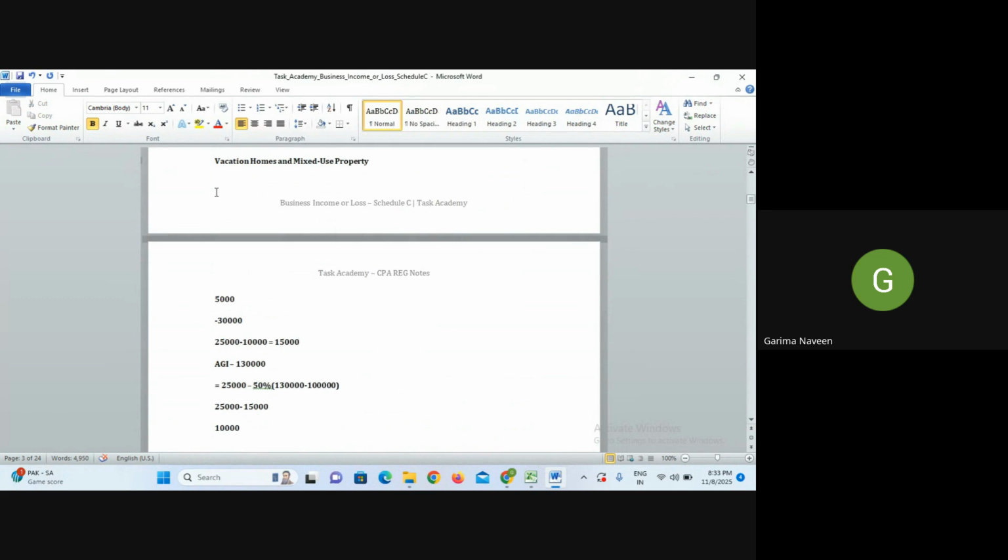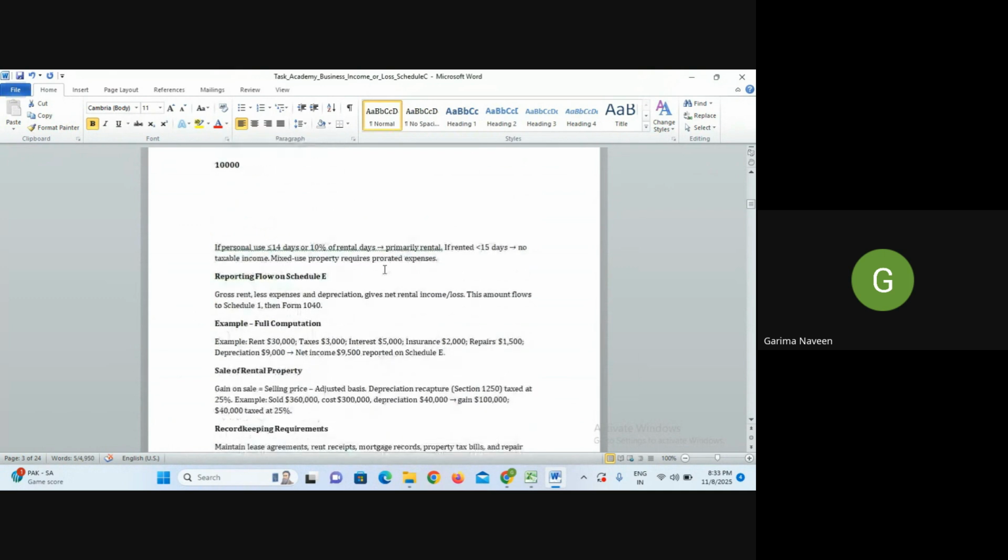Okay, sure. So next, vacation homes and mixed use property. So I already explained, if you have your home which you are using for personal use as well as rental purposes, and you are giving it for rent less than 15 days, then it will not be considered your rental activity.